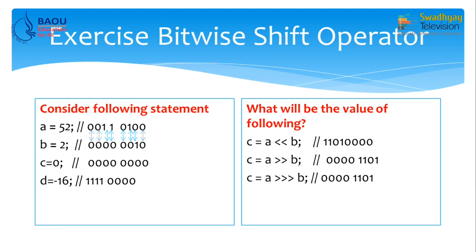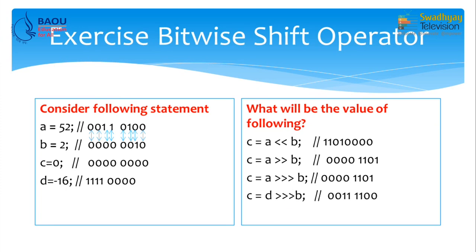Now, what is the difference between the second and the last operator? Generally, if the value is negative, it will be converted into positive. This will again shift all bits of A by 2. So, the result is the same as the previous example, but what will happen if the value is negative?